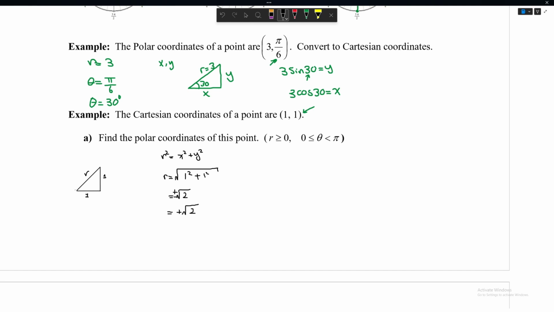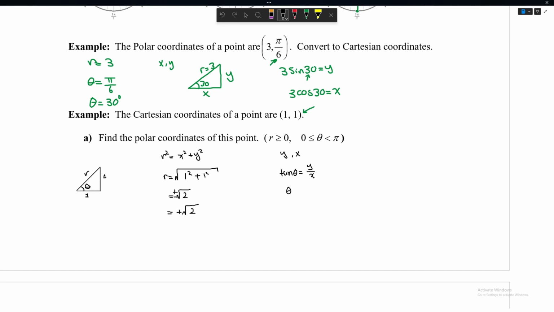Now your angle, right? Our angle here is your theta. If I want to find my theta, don't use your r, just in case you made a mistake there. Use your given variables. So we know we have y and we have x. Now if we do tan, which is opposite over adjacent, which is y over x, right? We have our y and x.